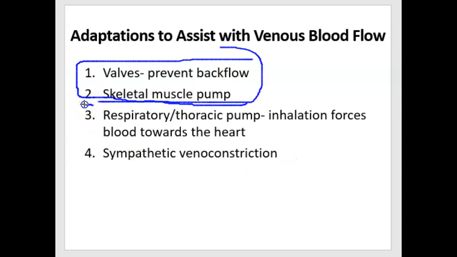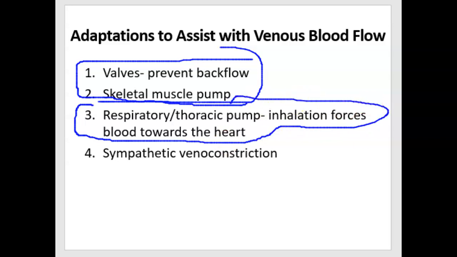And then also our breathing helps promote blood flow, both in the arterial system and the venous system, but I think it's more interesting in the venous system. And there's always a little bit of venoconstriction. We call it venoconstriction because we're talking about constriction in the veins. This is exerted by the sympathetic nervous system.